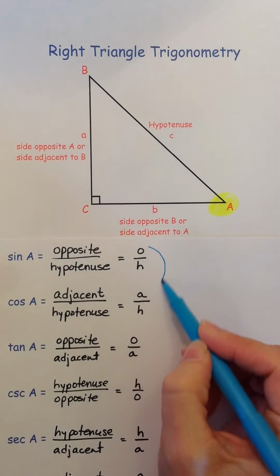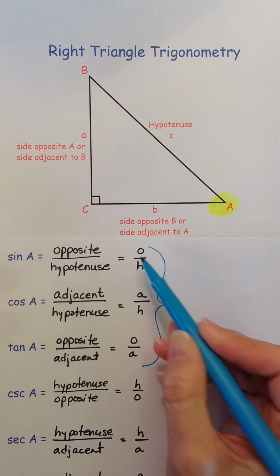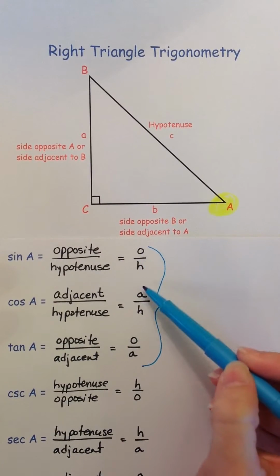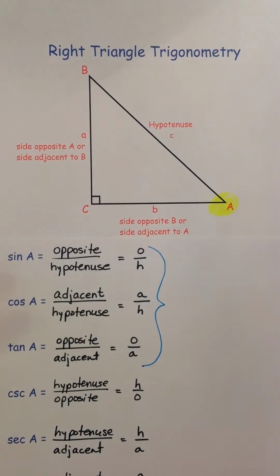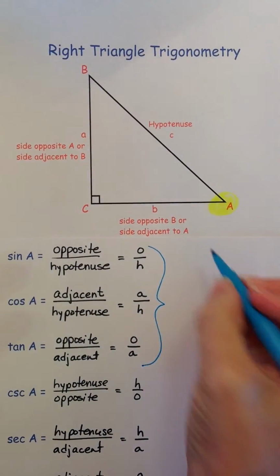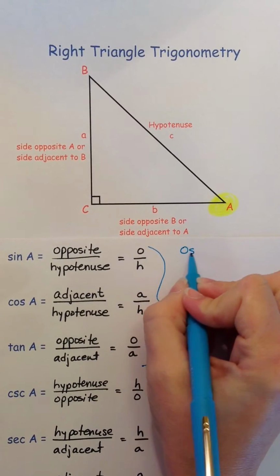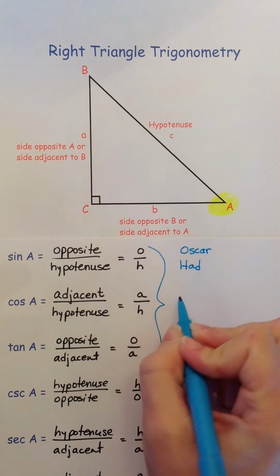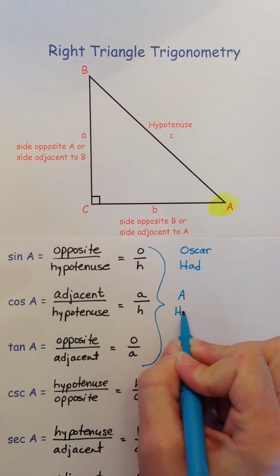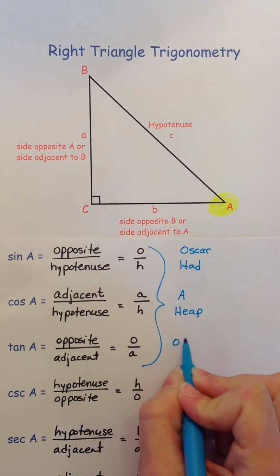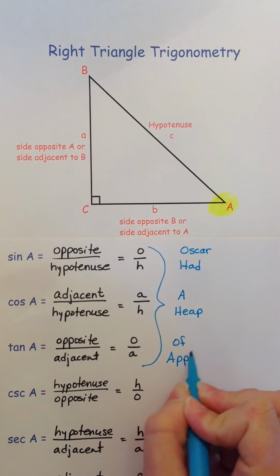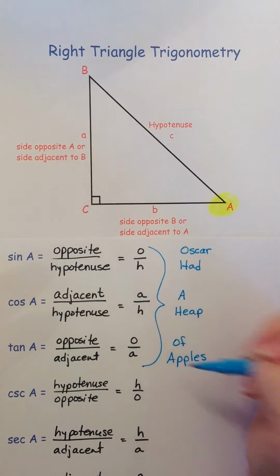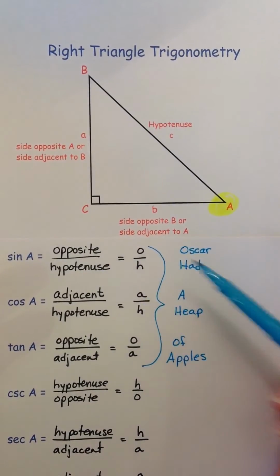Looking at the letters I use to abbreviate opposite, adjacent, and hypotenuse, with O you would have Oscar, had, a heap, of apples. So that would be O-H, A-H, O-A. Of course, you have to remember that it goes in the order sine, cosine, tangent.